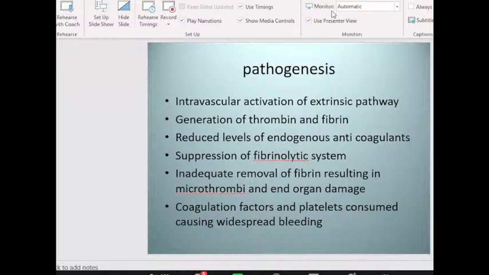Now this is a very important question. What happens in massive transfusion syndrome? There are situations where we need to use a lot of blood in a patient. We need to replace the entire blood volume in a period of less than 24 hours.